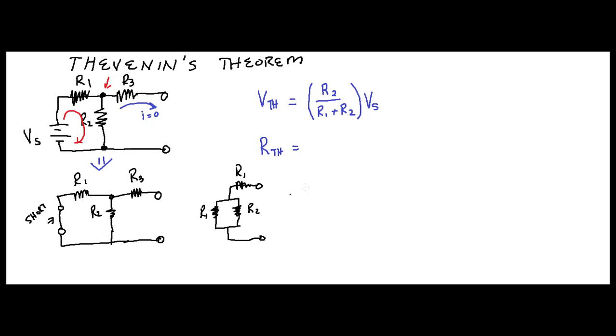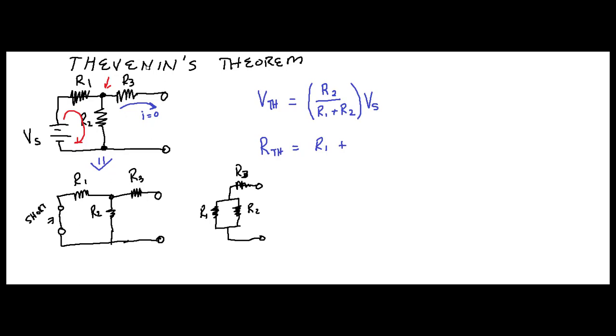Alright? So looking at it this way, what is RTH? RTH is simply going to equal R1 plus, I'm sorry, wait a minute. I made a mistake, guys. This is R3. I drew that wrong. That's R3. This is R1 and R2.